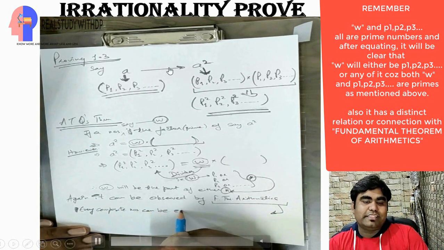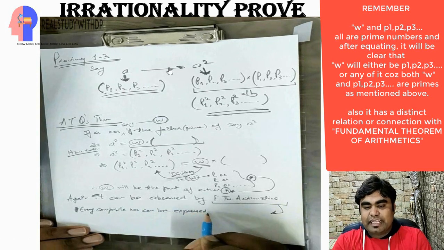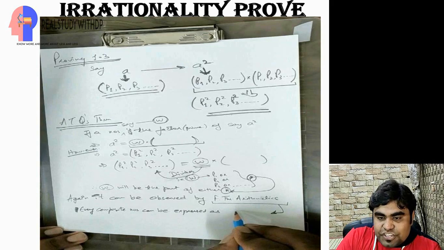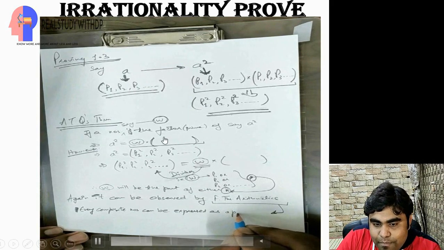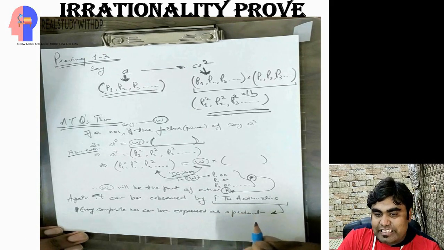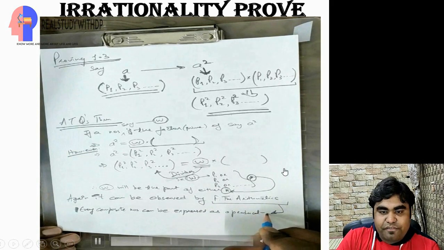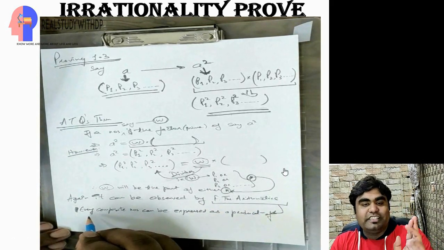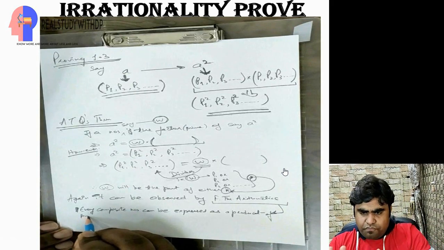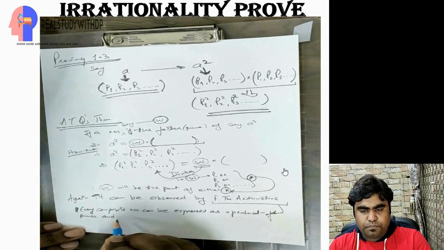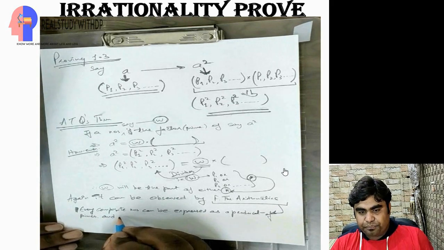In other words, we can say that if a number w divides a square, then that number w will divide a also. So this was the theorem, and this was a very short glimpse kind of proof that we have seen over here.